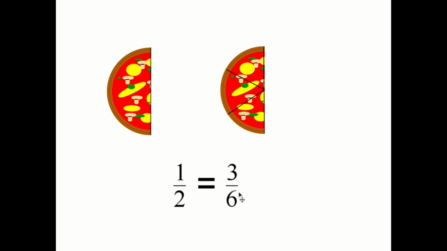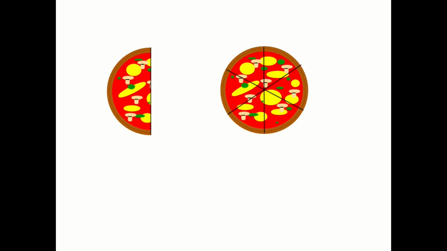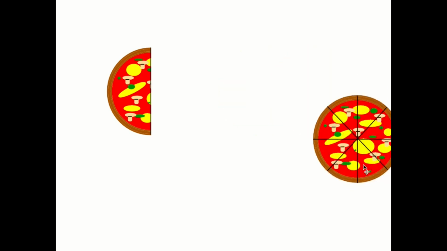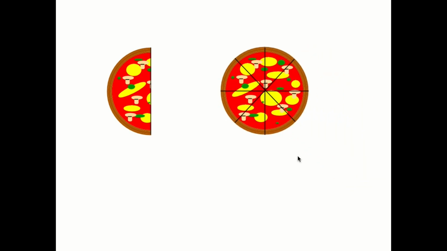So we say 1/2 is equal to 3/6, or 1/2 is equivalent to 3/6. And similarly, if that pizza was split into 8 equal pieces and you got 4 of them, you'd still be getting exactly the same amount of pizza. You'd be getting 1/2, which is equivalent to 4/8.